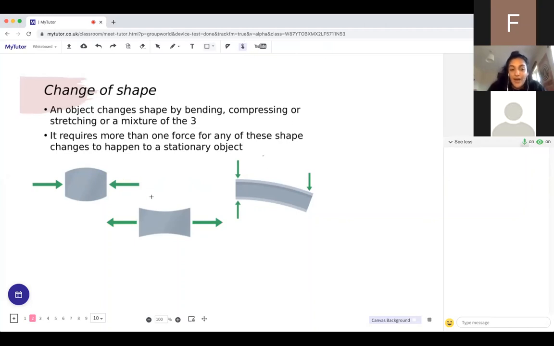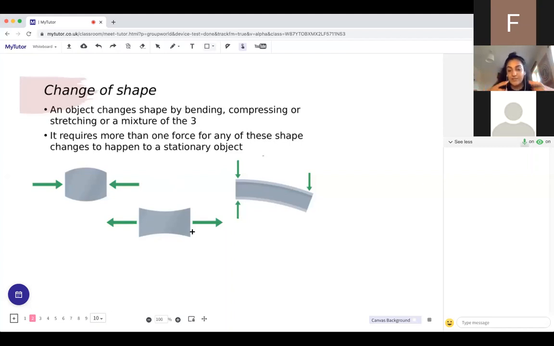But to do any of those things, we need to have more than one force. If we take a stationary object and we try to compress it, we need two forces, one on either side of the object compressing it. The same if we take a stationary object that we're trying to stretch: we stretch it apart by using a force at either end.